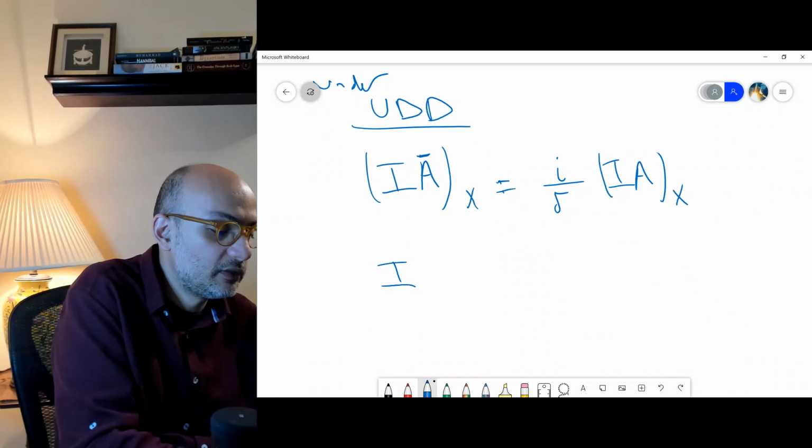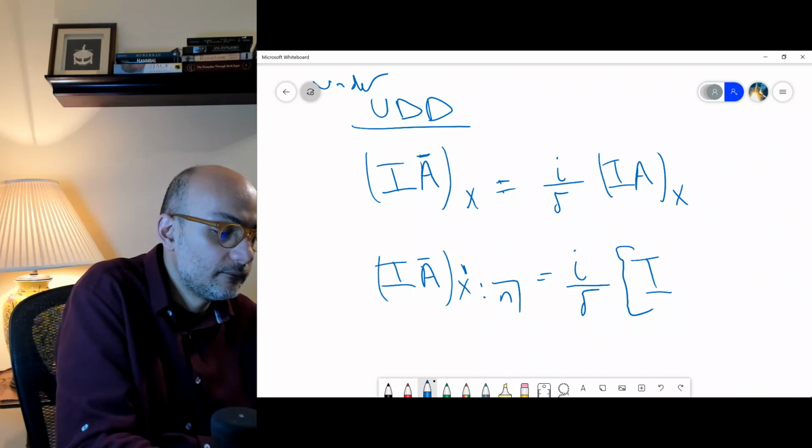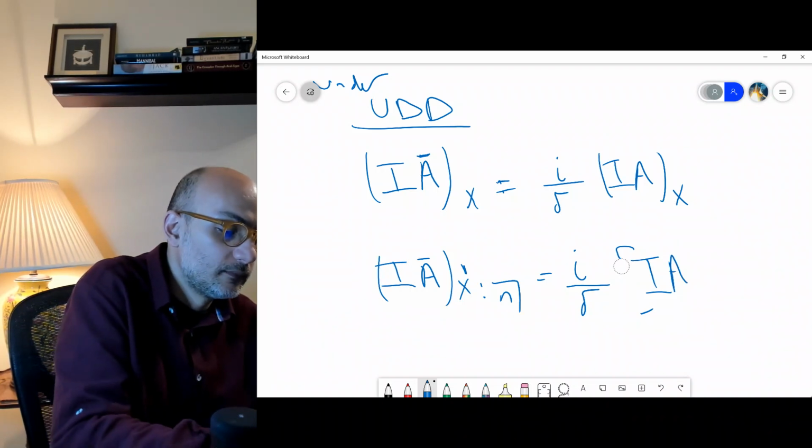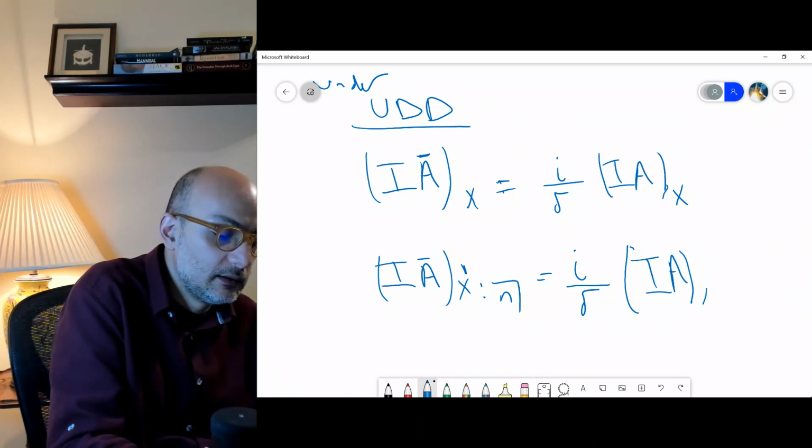The same thing applies to the term insurance, with 1 here: i over delta times (IA) term.